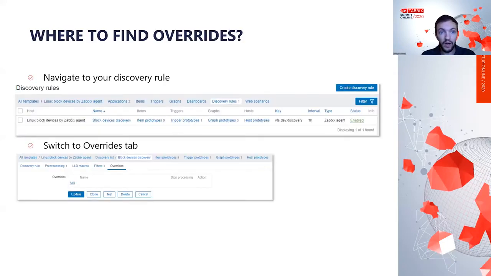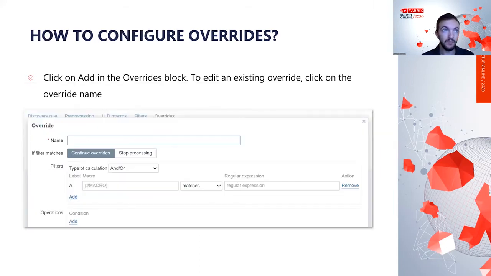Where to find these overrides? This is pretty simple. You definitely need to have a discovery rule prior to that. So you just need to find your discovery rule, open it up, and there is going to be an override tab, which will allow you to customize your override.